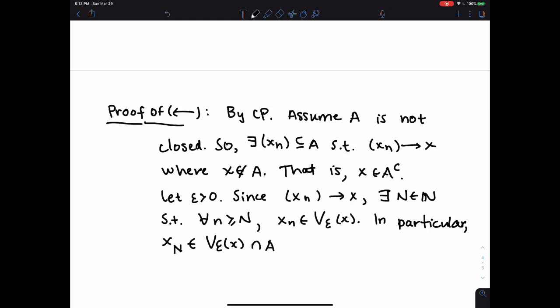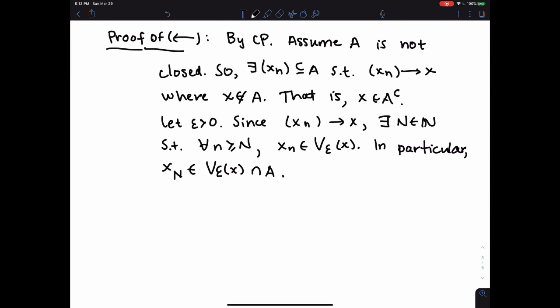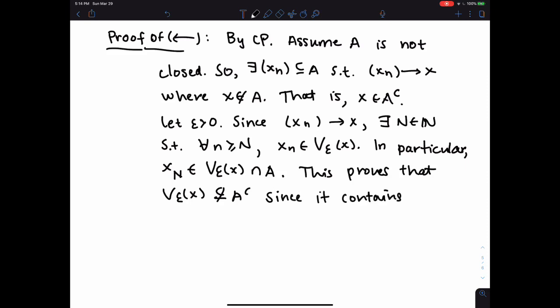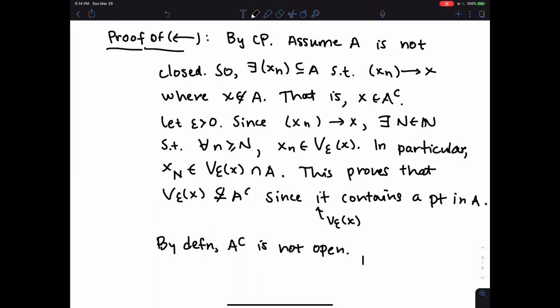And since we said this is a sequence of points from A, it also has to be in A. This proves that V epsilon of x can't be a subset of A complement, since it contains a point in A. By definition, A complement is not open, since this was for an arbitrary epsilon value.